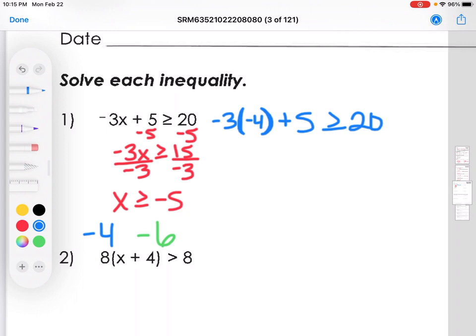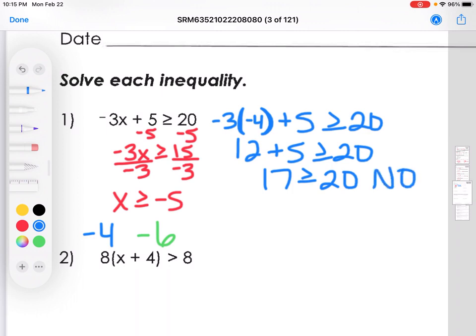So negative 3 times negative 4 would be 12 plus 5. 12 plus 5 is 17. And is 17 greater than or equal to 20? No. So now I need to check negative 6.